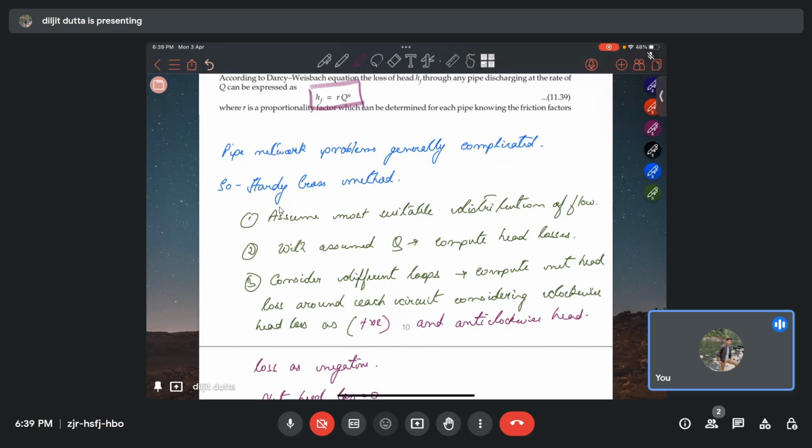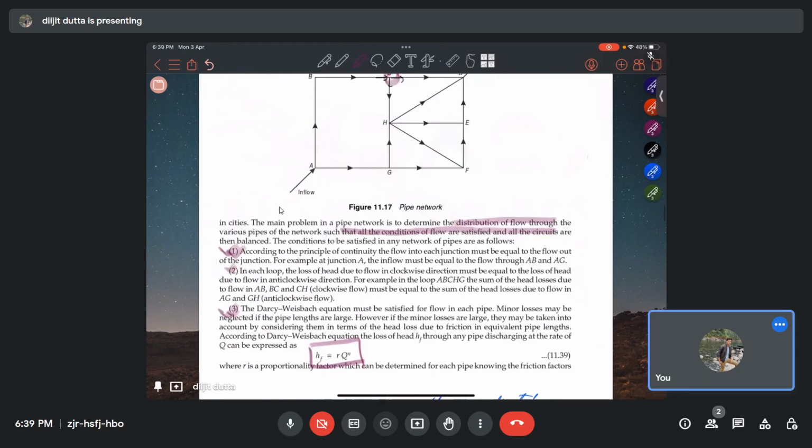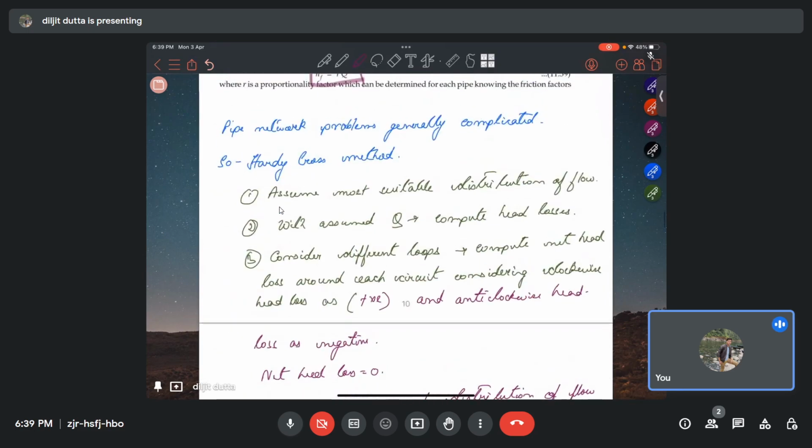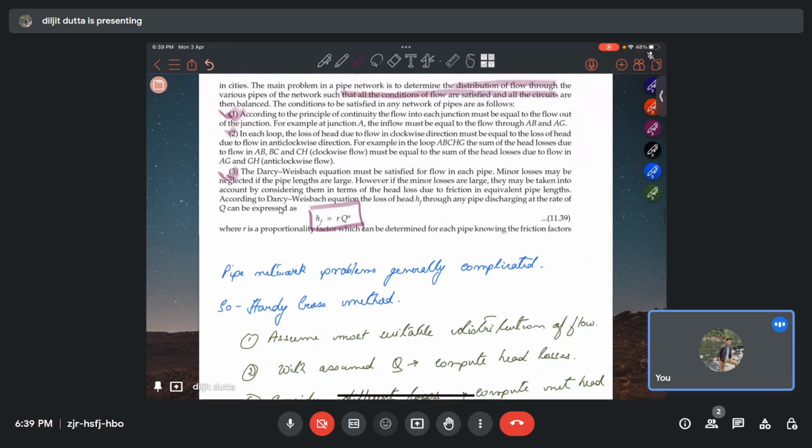Initially we assume a suitable distribution of flow. Whatever flow is coming, we give some values to the pipes connected to each junction, and we assume it suitably so that it follows the continuity equation, as discussed in the first point.